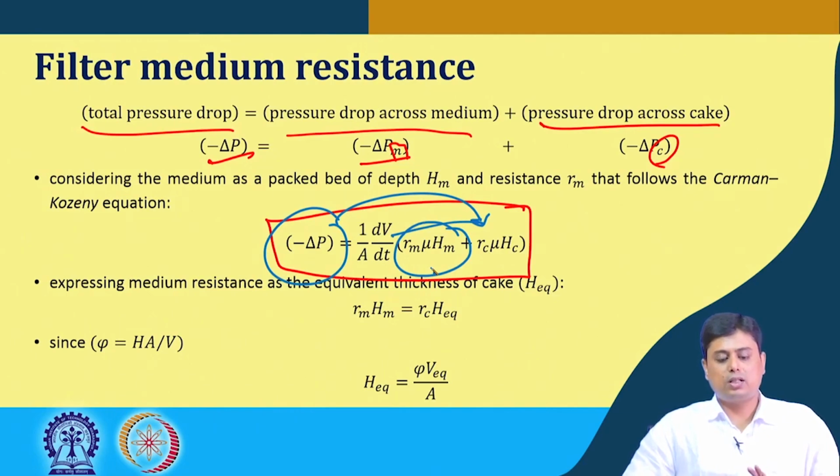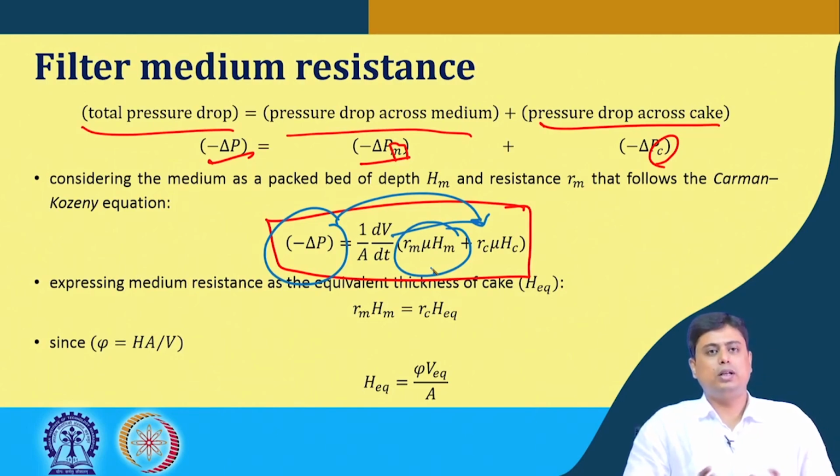But with the introduction of the pressure drop across the medium, we consider that the medium gives a pressure drop equivalent to a packed bed of depth Hm that has a resistance of Rm, and since the flow is in laminar condition, it follows the Koenig-Karman expression.